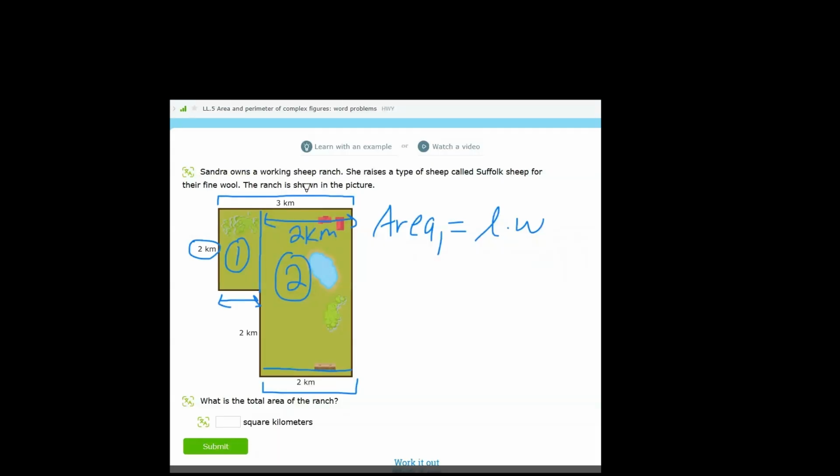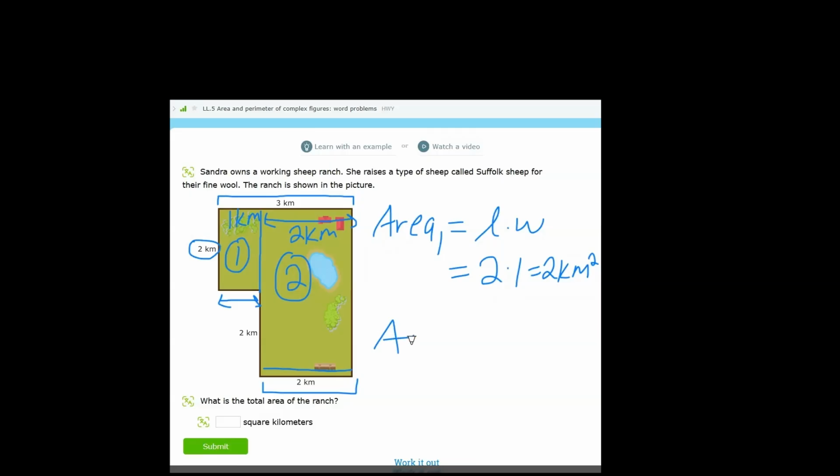Up here, if the whole thing is 3 kilometers and this portion on the right is 2 kilometers, that must mean this is 1 kilometer here, the remaining dimension. So now we have our dimensions and we can figure out that this is 2 times 1, and that gives us 2 kilometers squared. So that's for area of shape number 1.